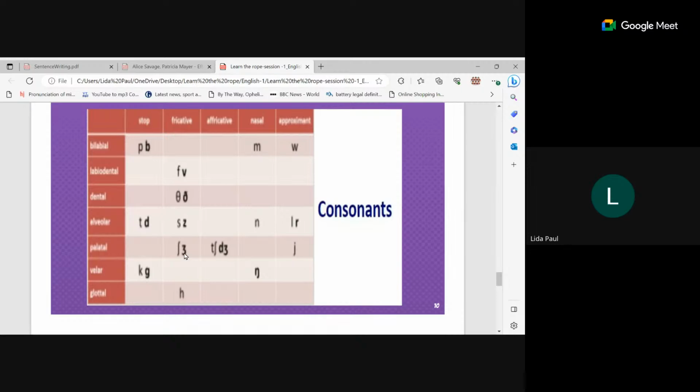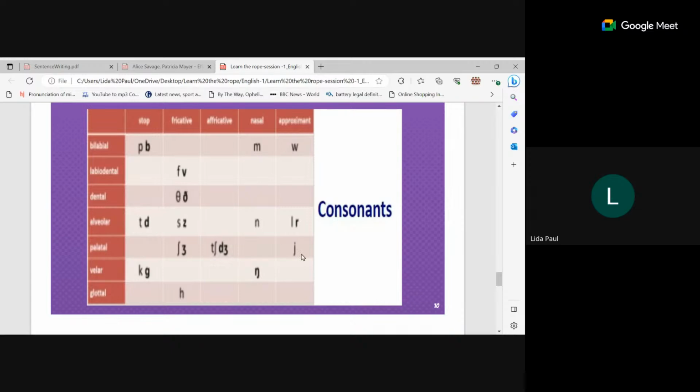Pleasure does not have the sound sh as in ship. It's a very distinct sound only found in the English language. So the first one is sh as in ship. The second one is zh as in pleasure. Then comes ch and j, very familiar to us. We know these sounds.